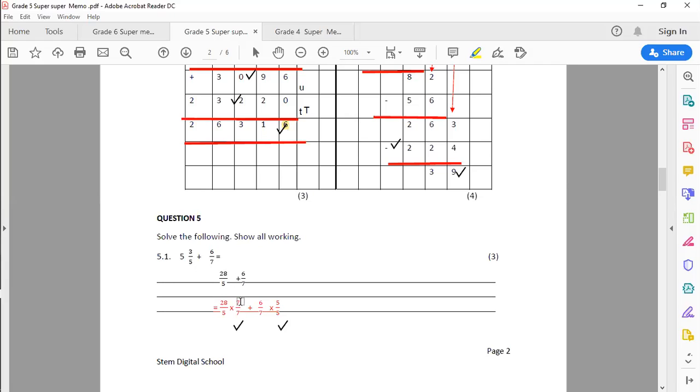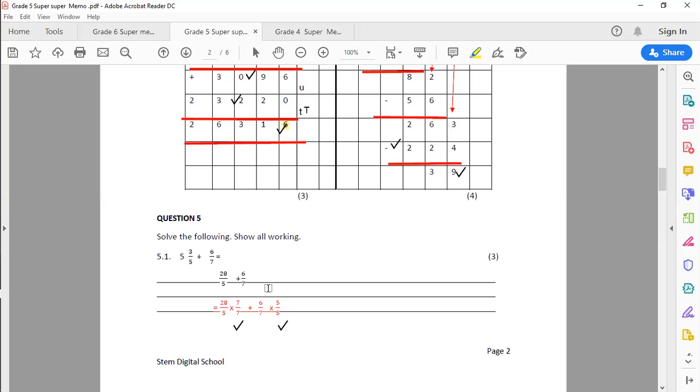Then we go on and we say this 28 over 5 multiplied by 7 over 7. Because both of these numbers are prime, I know my LCD was 35.